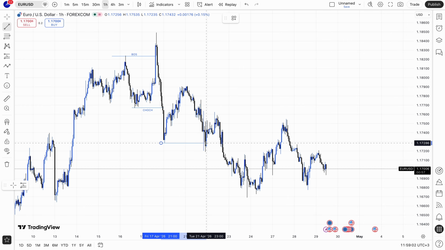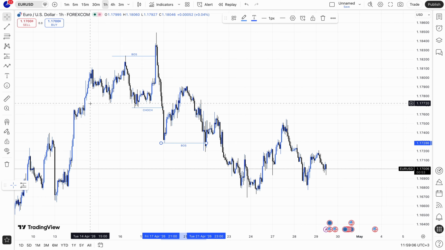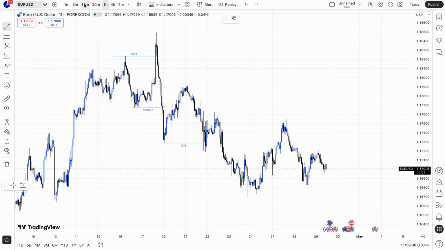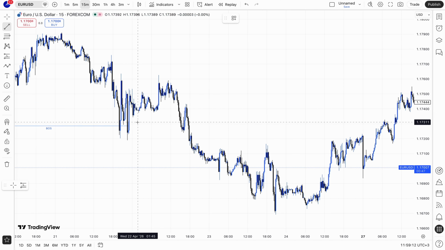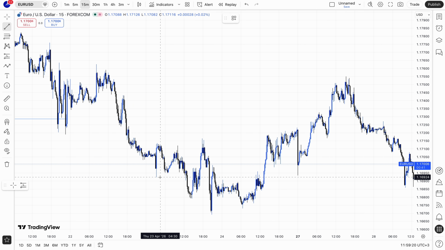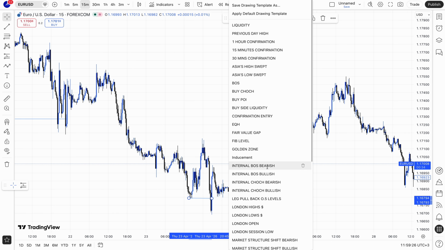Then we had our change of character to the downside. Then from here we had a clean pullback, but it was invalid. So even here the clean pullback, but this was invalid. It was the valid pullback, which was here.